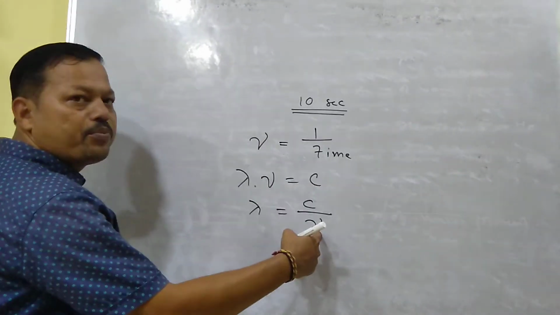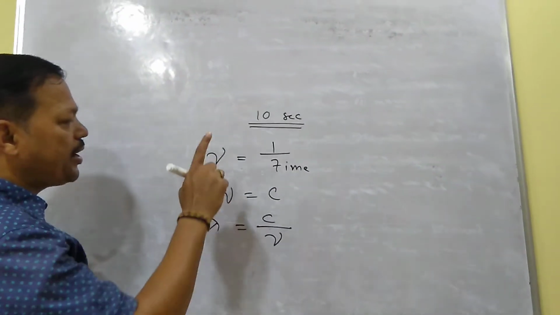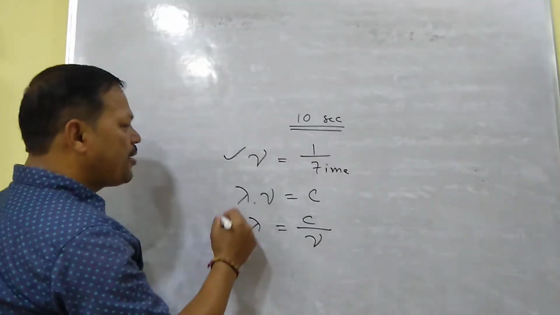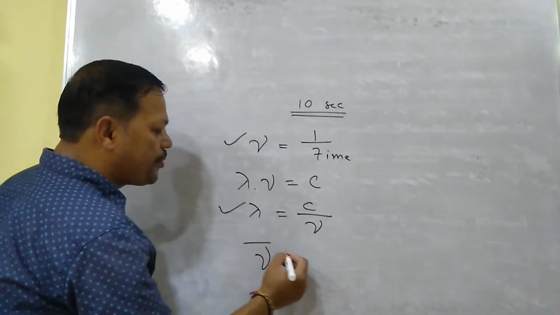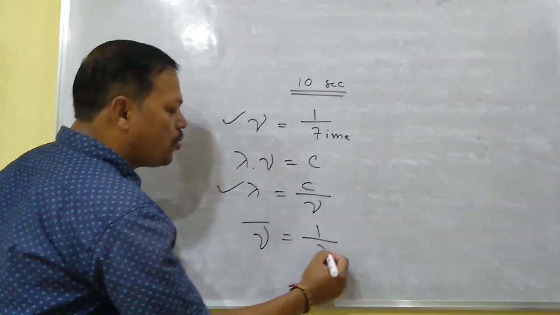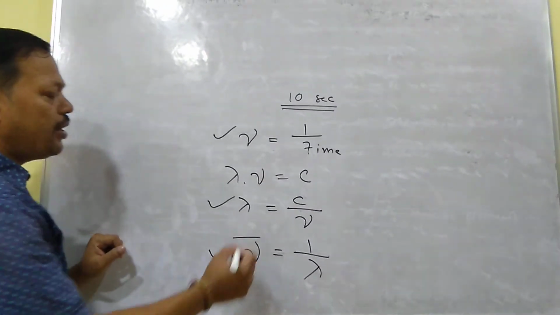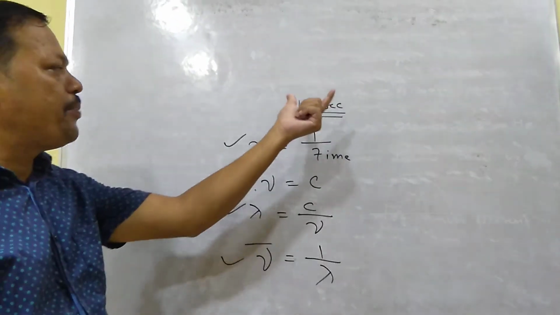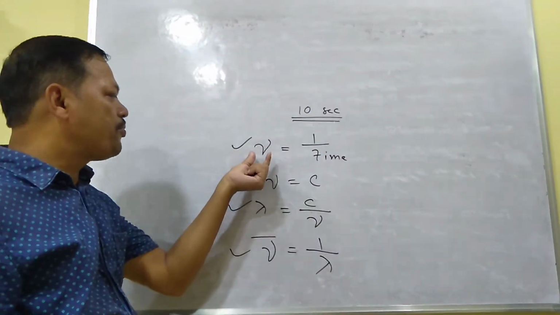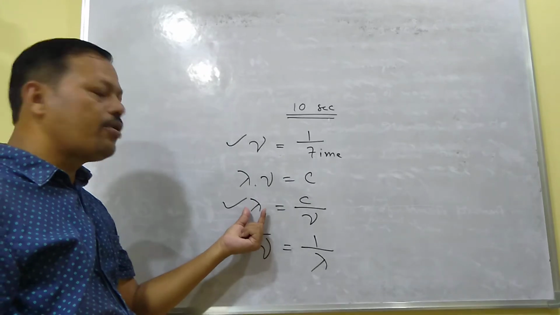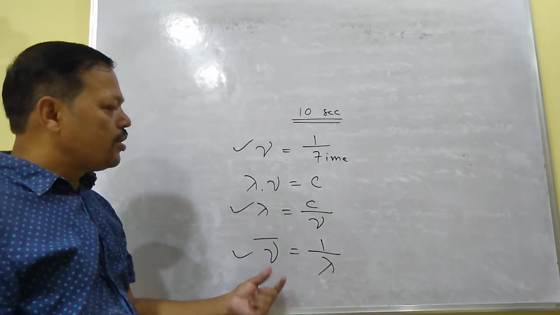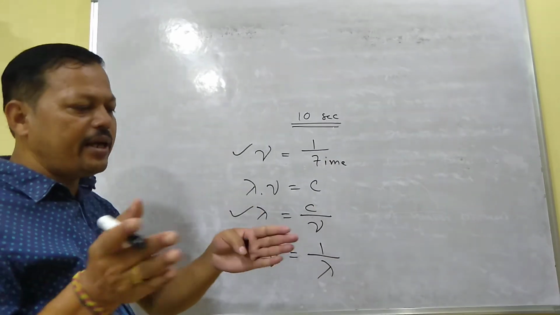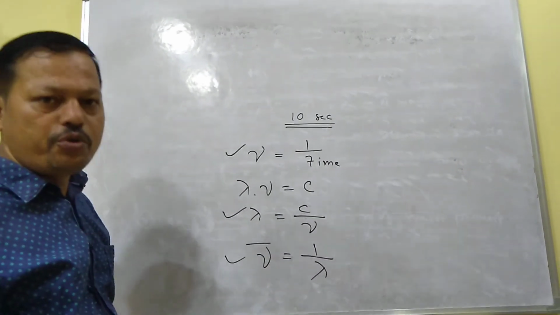In this way you can find frequency, then lambda, and when you get lambda, you can find wave number also. Wave number is equal to 1 by lambda. So if the time period is given, you can find frequency, then wavelength, then wave number. This type of numerical you will get in your textbook, and you try to do it. Thank you.